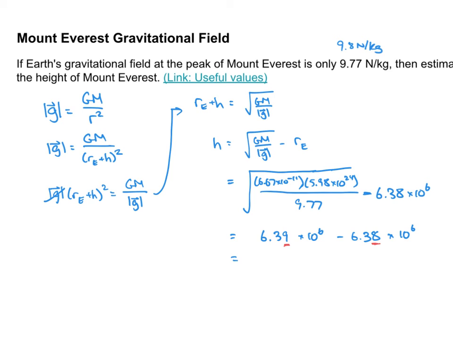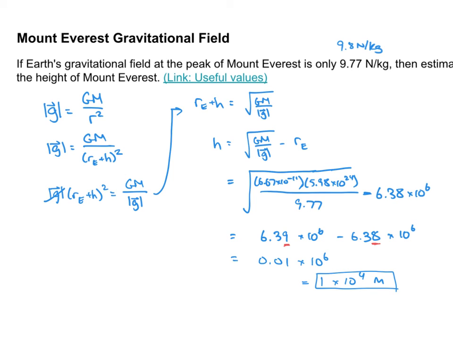So when I subtract that, I get 0.01 times 10 to the 6. So I really just have one significant digit here. I can rewrite this as 10 to the 4, or 1 times 10 to the 4. So about 10,000 meters is the height of Mount Everest.